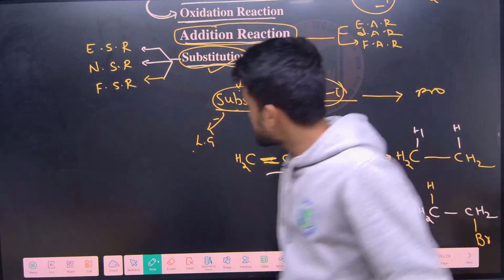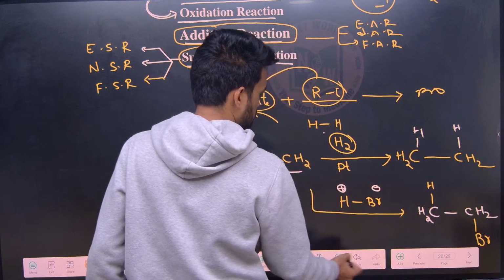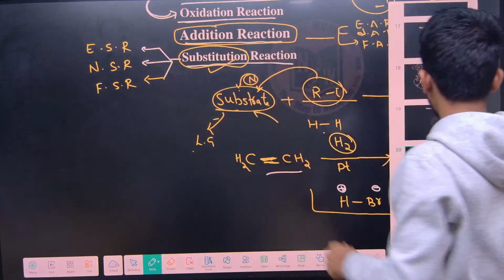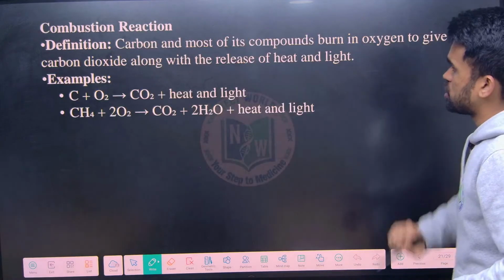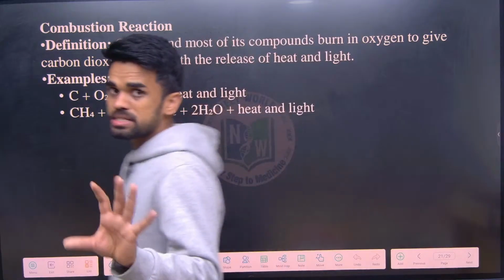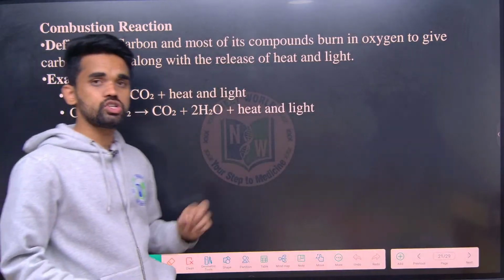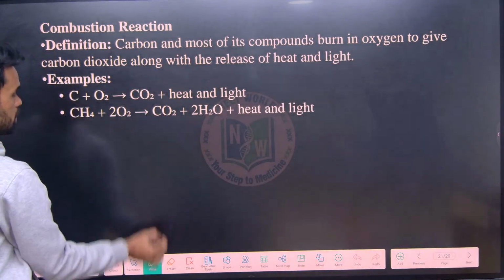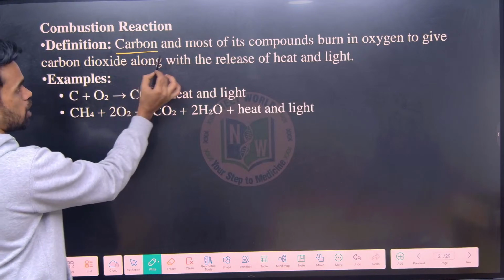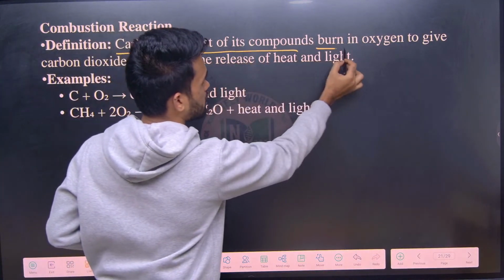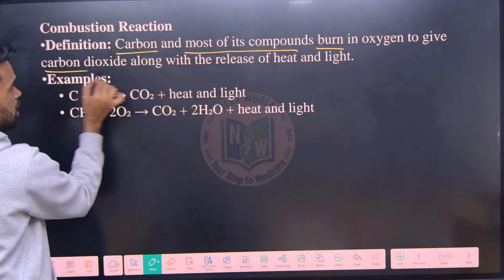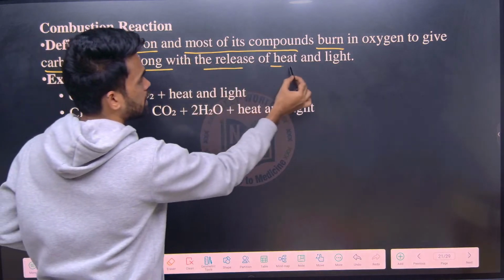Next thing here, let us discuss these basic things. First of all, combustion reaction. See, combustion reaction, as I already told you, is an example of oxidation also. Carbon and most of its compounds burn in oxygen to give carbon dioxide along with the release of heat and light.